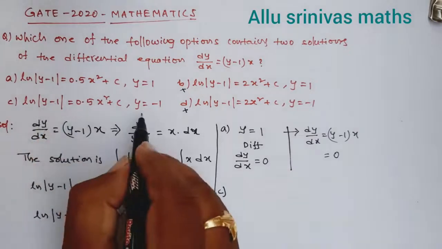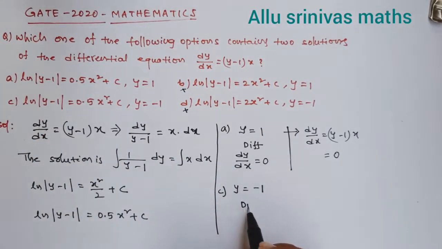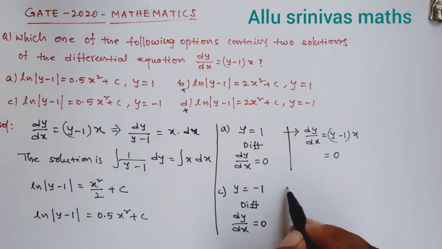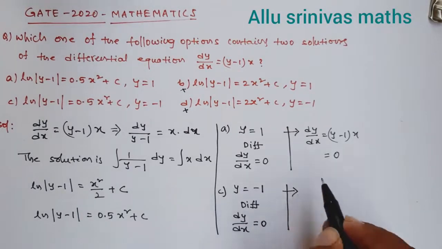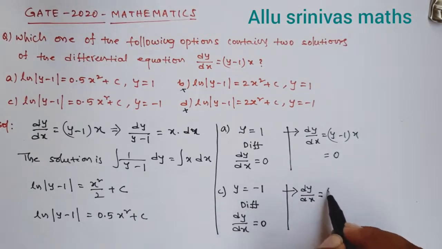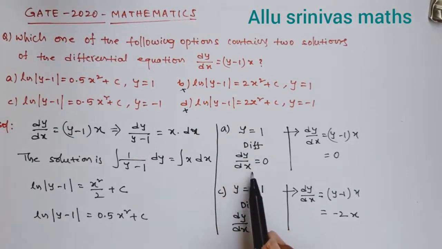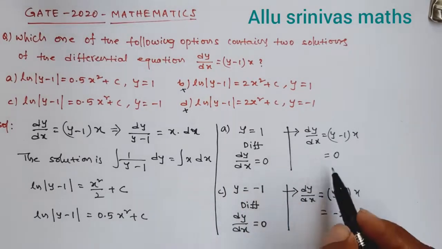The second solution is y = -1. Differentiate with respect to x, so dy/dx equals 0. Substitute in the given differential equation (y - 1)x, with y = -1, we get -2x. In option A, both dy/dx are equal.